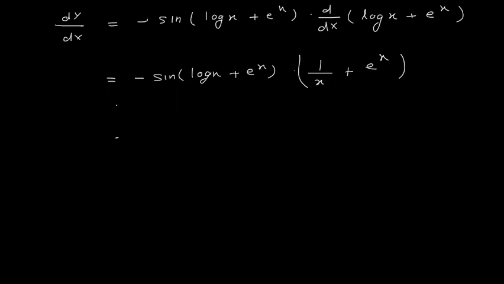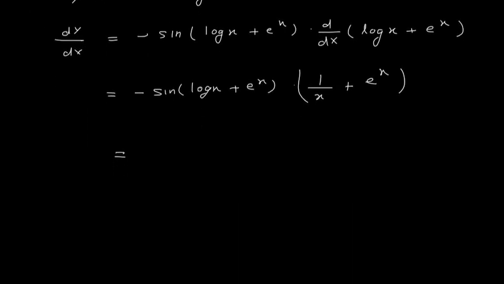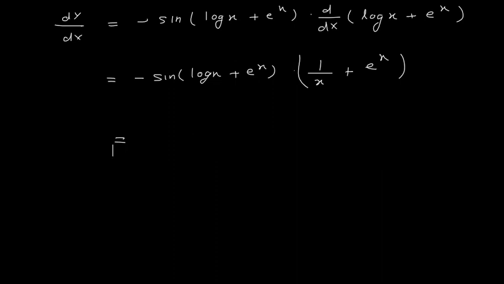So here it will be equal to cos, we have differentiated sine, and then this log x plus e power x. So log x is 1 upon x and e power x is e power x. So done. Okay. So here if you want you can cross multiply. So when you cross multiply you will get 1 plus x e power x whole divided by x.